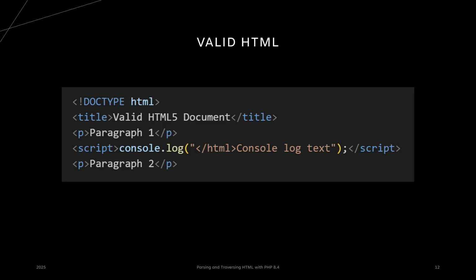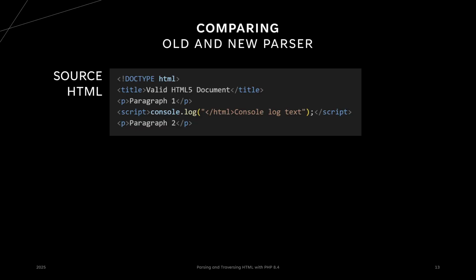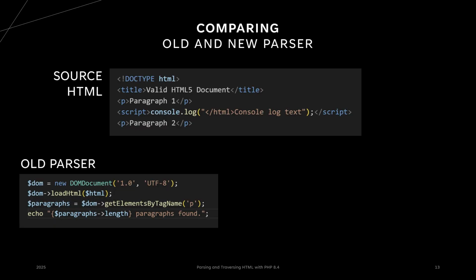So we have an HTML document, two paragraphs, and a script element in there. This is how you would do it before. You would say new DOMDocument, loadHTML, and the HTML variable has the HTML you can see at the top. And we just get the elements, get the p elements, and then we say, how many did you find?